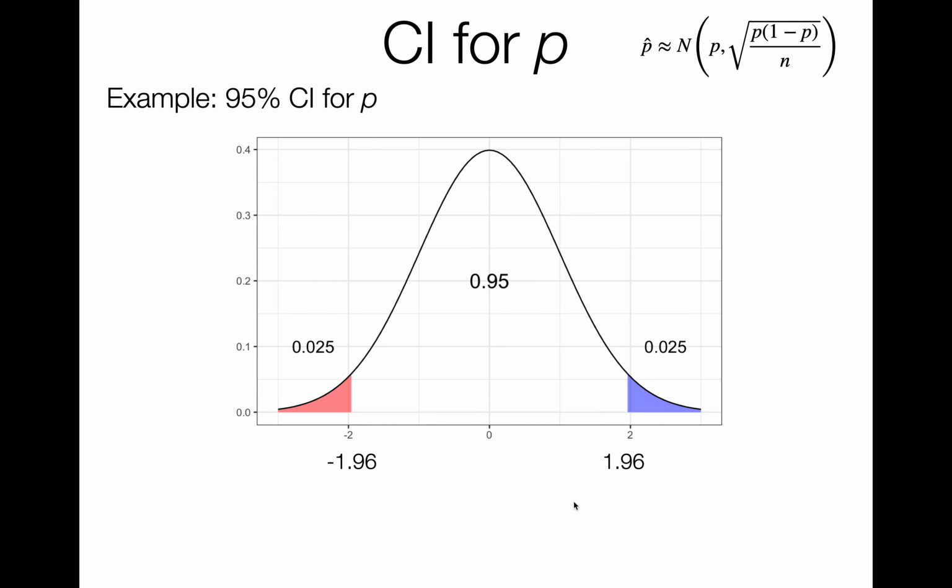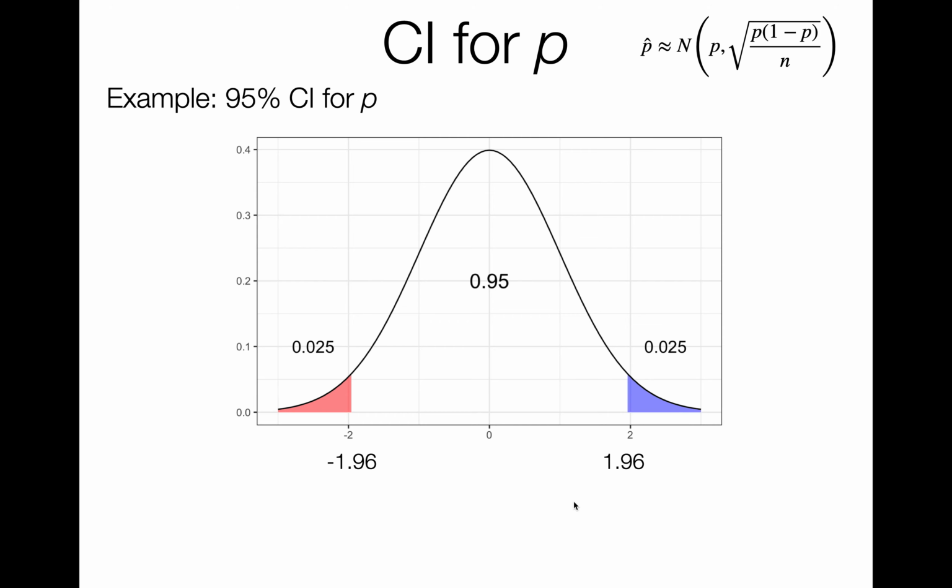But the normal distribution is symmetric. And so if I'm making an interval that has a lower bound and an upper bound, which is usually what we'll do, we need to account for that on both sides. So we split the alpha up into two parts, hence the alpha over 2, to get the points that we want.